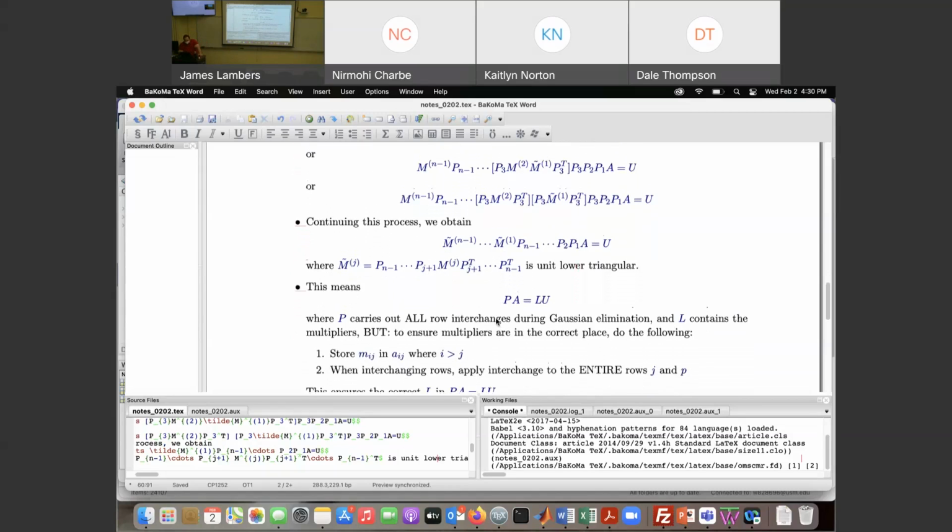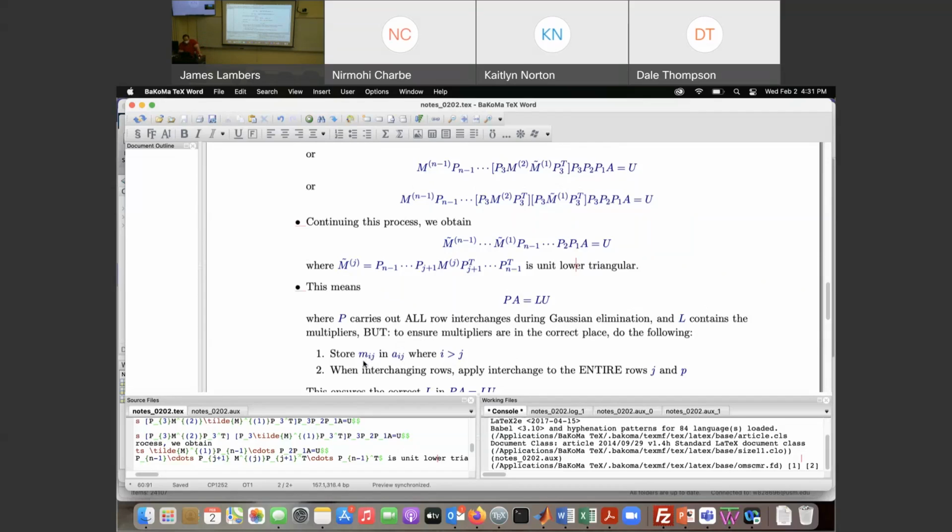Here's how, all you have to do. As I mentioned before, in Gauss elimination, or LU decomposition, the multipliers get stored in the lower triangle. So when you're eliminating the entry Aij to make it 0, in that spot within the matrix, store the multiplier. So that's your transcript, if you will, of Gauss elimination.